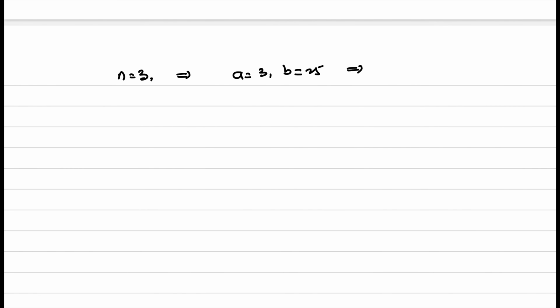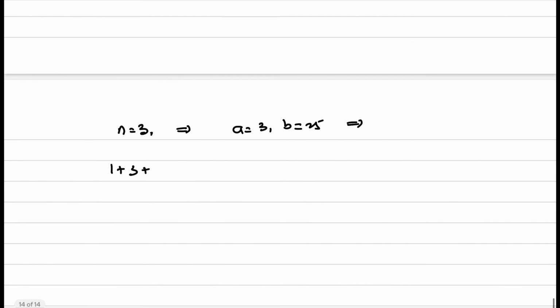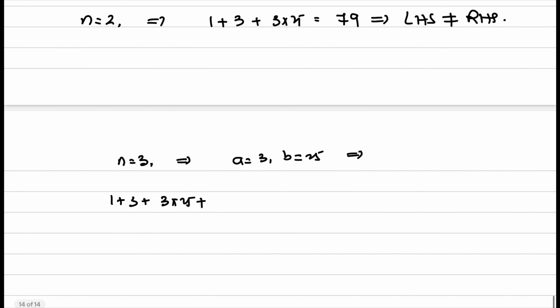When n is equal to 3, a is equal to 3, b is equal to 25, that implies AB 3 into 25 plus a square b plus a square b square, 9 into 25 plus b square a, that is equal to how much? 1 plus 3 plus 75 plus 9 into 25 is 225 plus 25 square into 3, 1875.